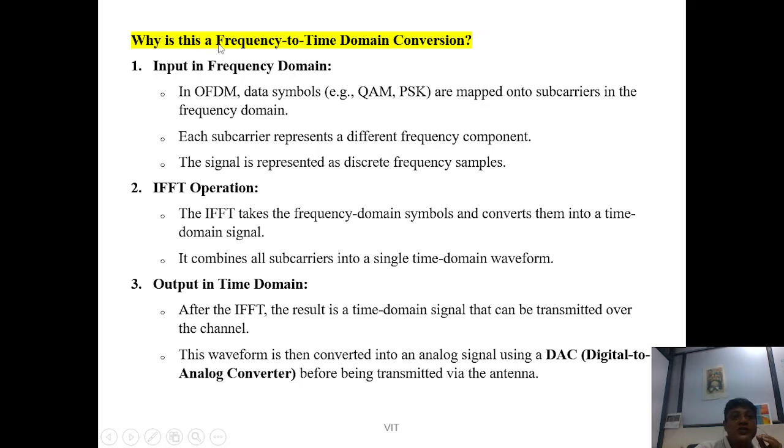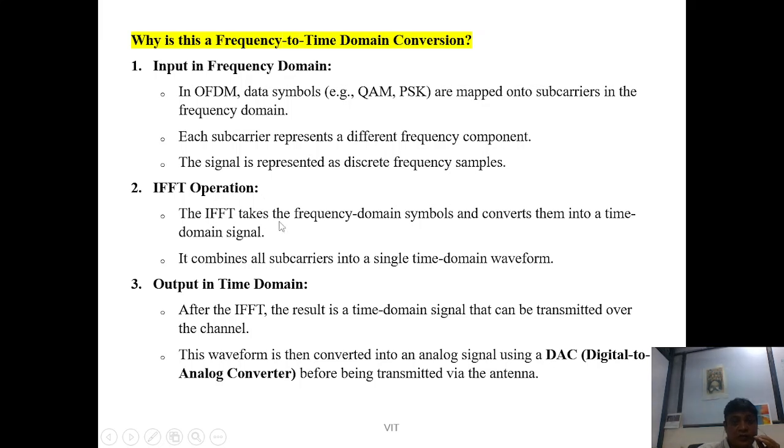Now, why is this frequency to time domain conversion? Because in OFDM, data symbols like QPSK or BPSK are mapped onto subcarriers in the frequency domain. That's what is called the frequency to time domain conversion. Each subcarrier represents a different frequency component, and the signal is represented as discrete frequency samples. Then the IFFT operation is done.